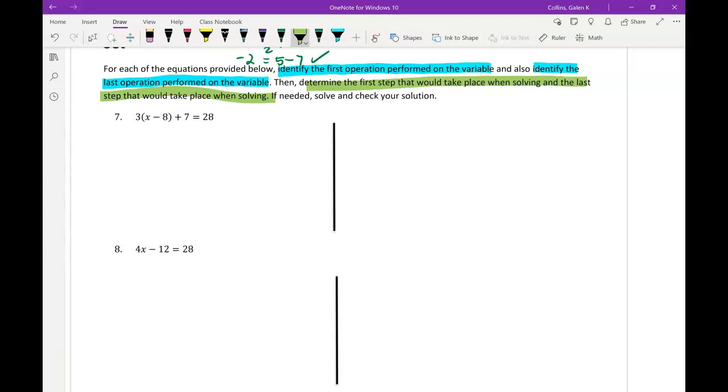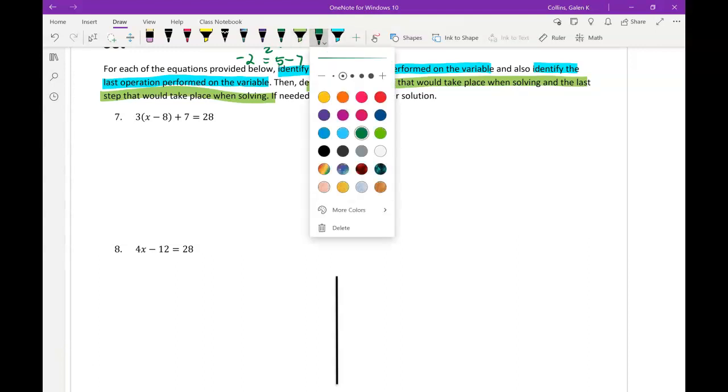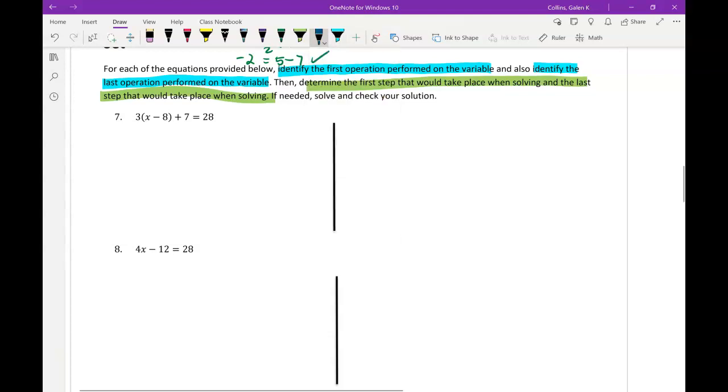So when we are asked to identify the first and the last operation, let's go back to the order of operations for a moment. I know you may have learned PEMDAS, but we said that's a little incomplete for high school. So for GERMDAS, we said G stands for grouping, R is for radicals.